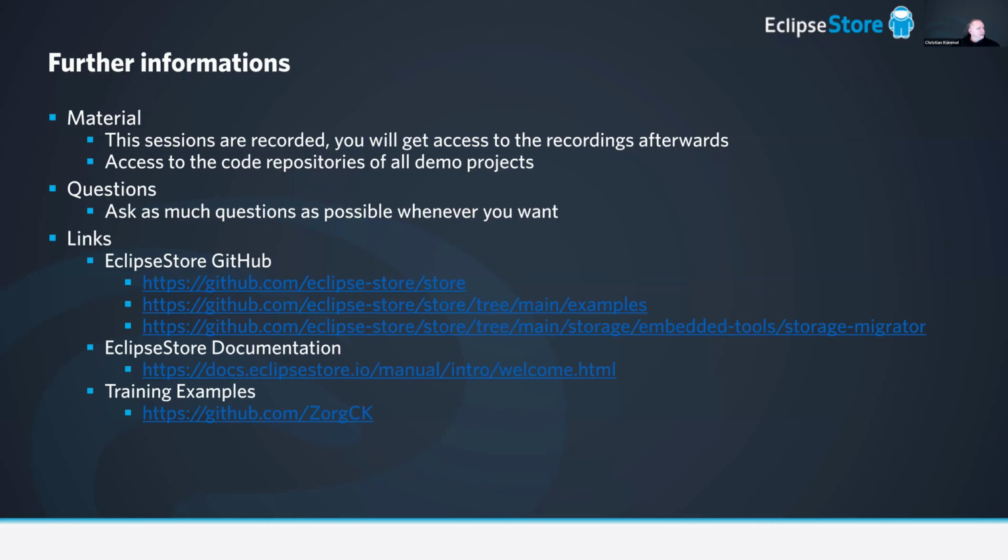As I said, there are two most important repositories: one is mine for the training, and the second one is, of course, the EclipseStore repository, and of course the MicroStream GitHub repository, where you can find all the examples that you need to handle EclipseStore. Okay, let's move on.